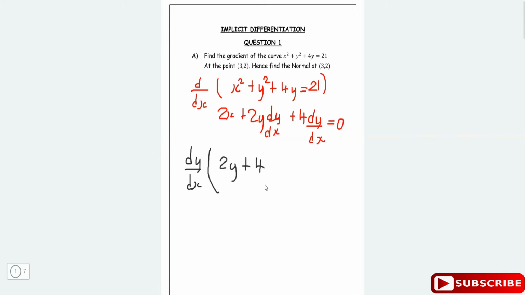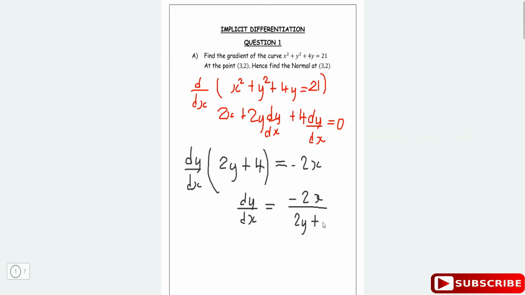Bringing the 2x to the other side gives minus 2x. If I divide both sides by 2y plus 4, dy by dx is equal to minus 2x over 2y plus 4.